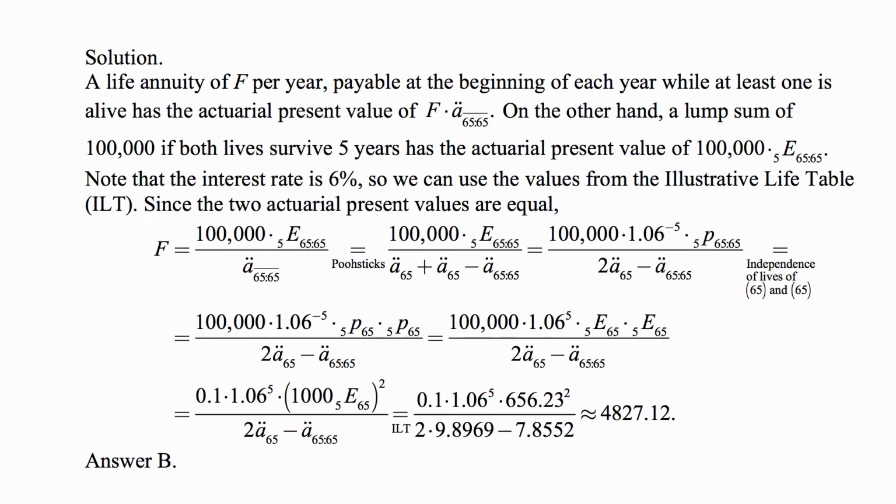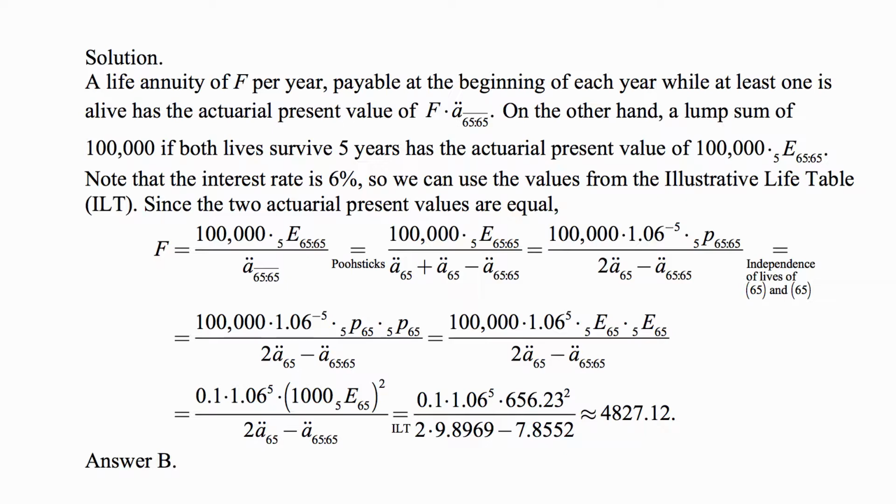So this is the solution. A life annuity of F per year, payable at the beginning of each year while at least one is alive, has the actuarial present value of F times ä 65:65 with a line above it, which indicates that the annuity is paid until the second death.